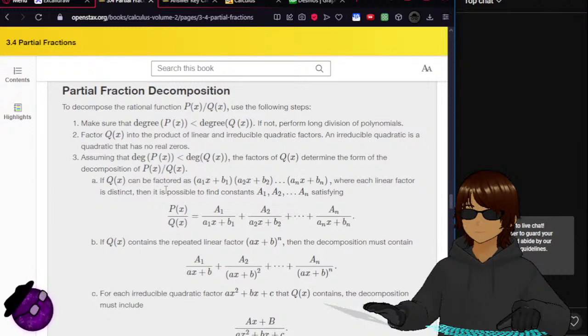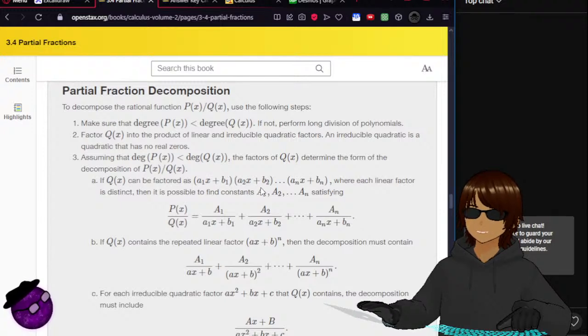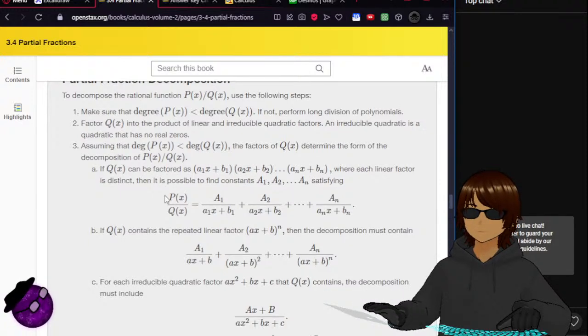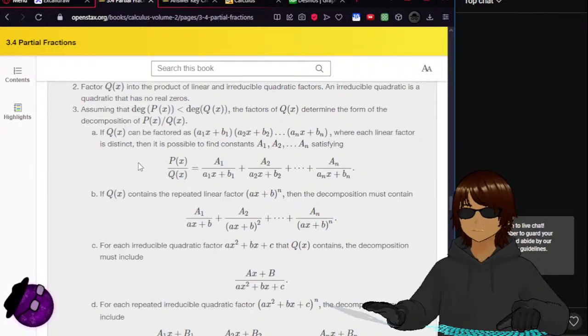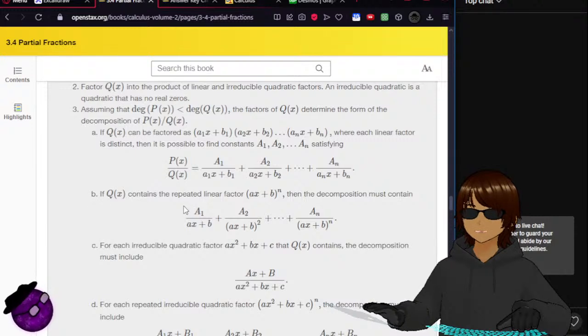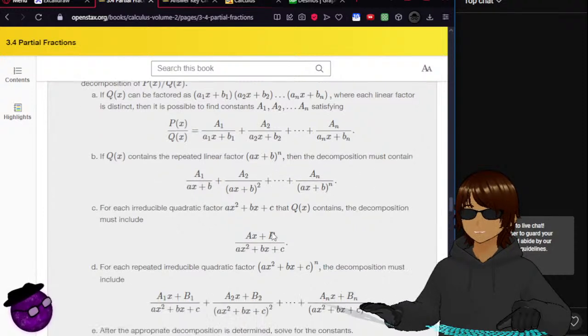If q can be factored as a1x plus b1, a2x plus b2, and so on, where each linear factor is distinct, then it is possible to find the constants. If q contains the repeated linear factor ax plus b to the power of n, then the decomposition must contain this.